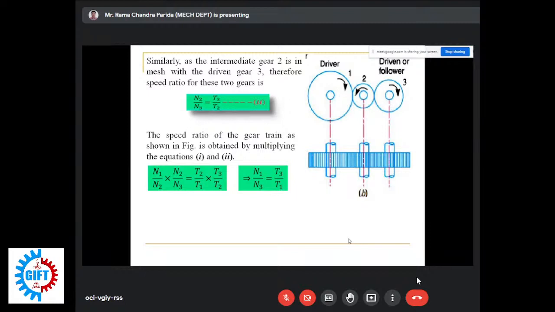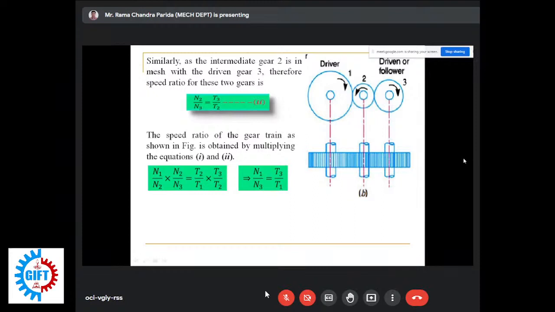Hey, did everyone write the question or not? Hey, read it. There are 4 gears mounted on the parallel shaft. Yes. The speed of the driver gear is 1000 rpm. Very good. Then find the speed of the driven gear if the numbers of teeth are 80, 60, 40 and 50 on gears 1, 2, 3 and 4 respectively.